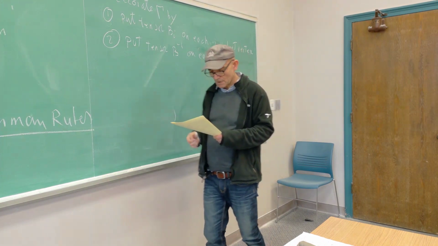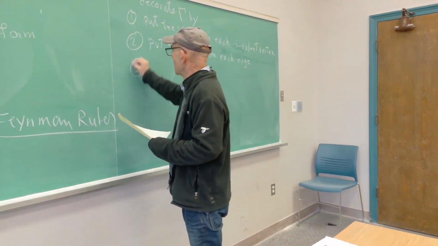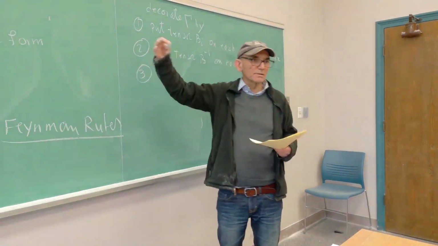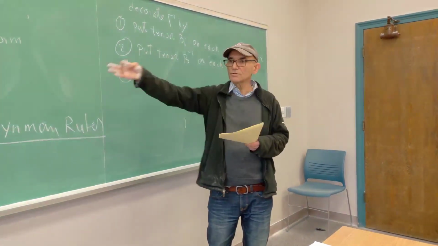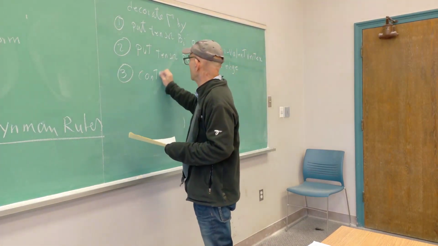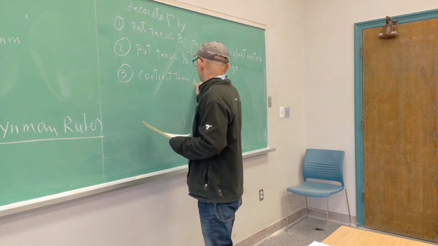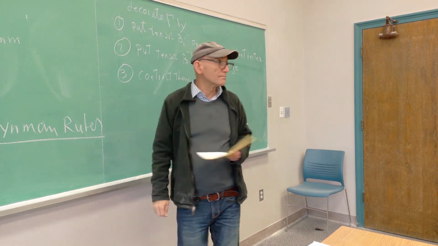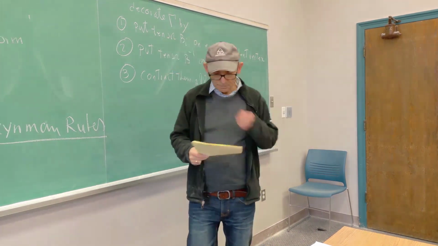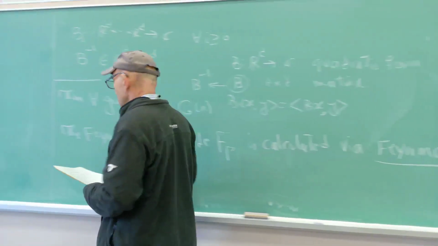And third, contract all the tensors according to the rule of contraction. Contract them all. Okay, so let me give you an example of how this is done in practice.